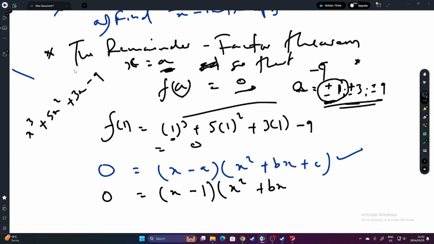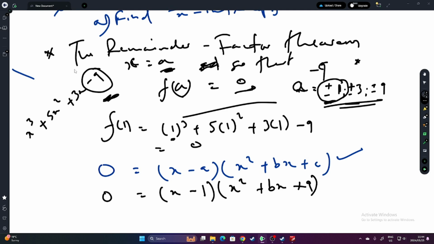Now, if we think about it, whenever we factorize anything, when we multiply it out, we should get back to the original. So that means if I say negative 1 times c, it should give me the constant in the original, which is minus 9, which tells me that c must be positive 9, because negative 1 times positive 9 will give me the negative 9 that I'm looking for when I multiply this out.